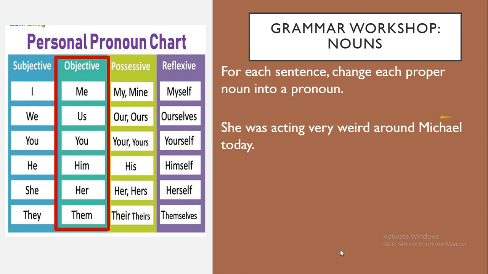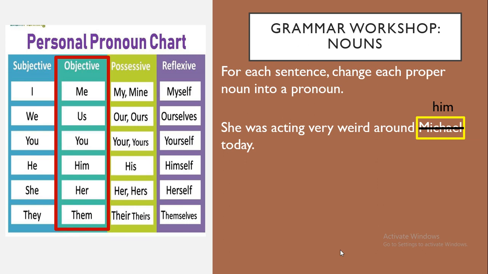I see Michael. And so how can I replace Michael with an objective? I'm going to read through them. Michael is not me or us or you. Michael is him, not her or them. And so I know that it should read him instead of Michael. So she was acting very weird around him today.